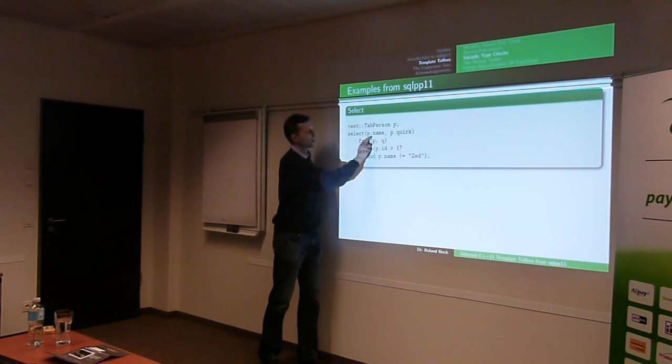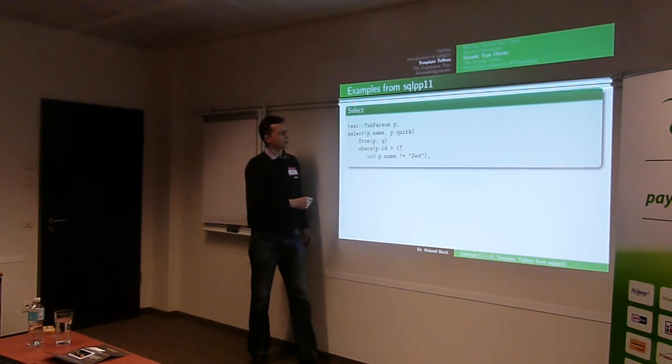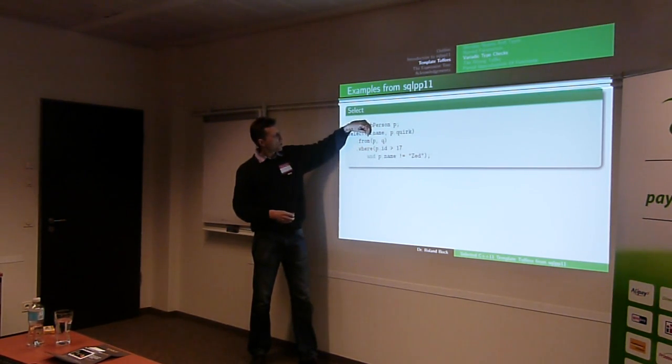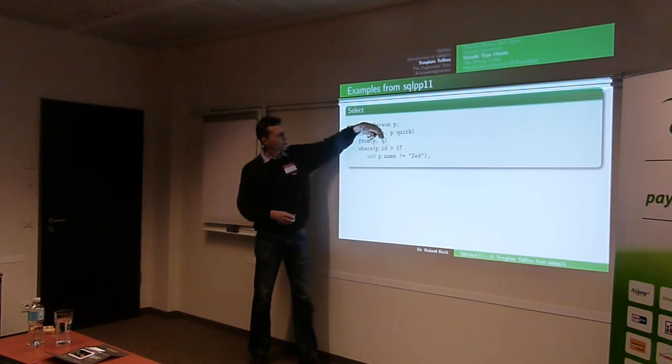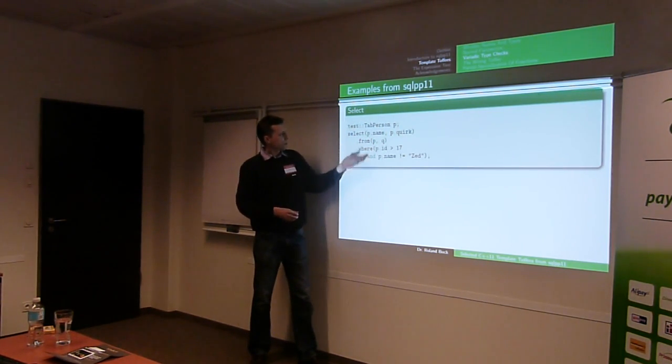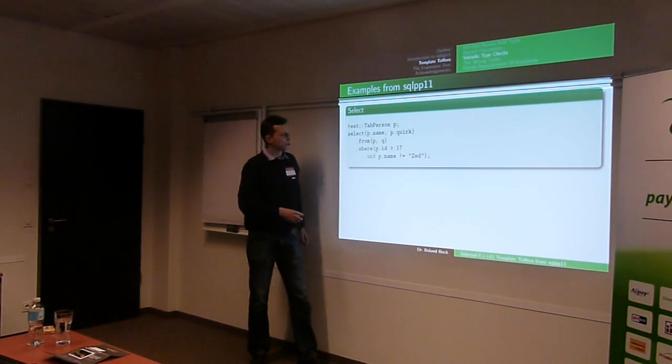So okay, uniqueness. All the columns in the select have to use tables that are elements of the set of tables that we have in the from. So we have some is-element-of relation here.